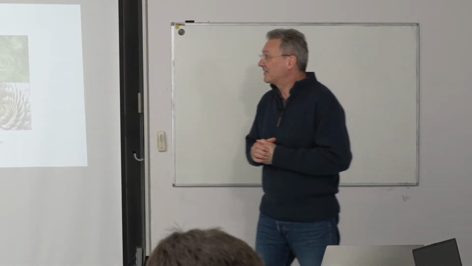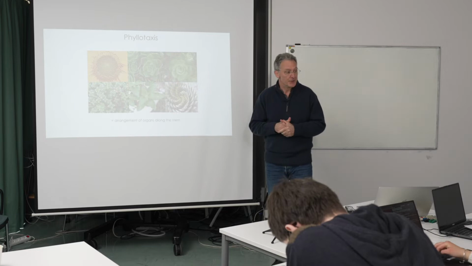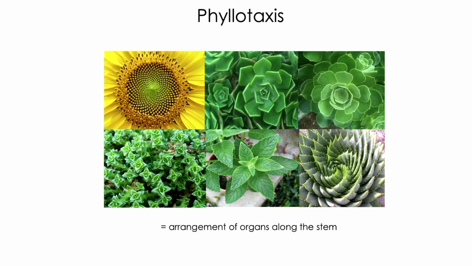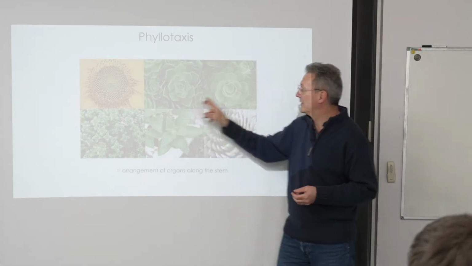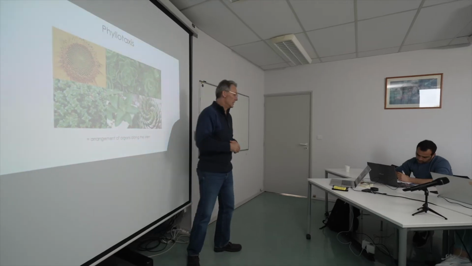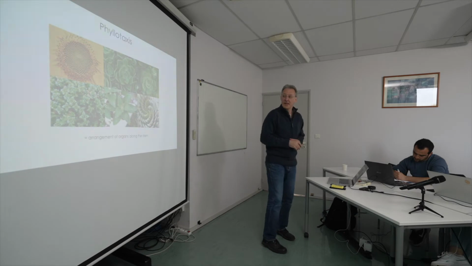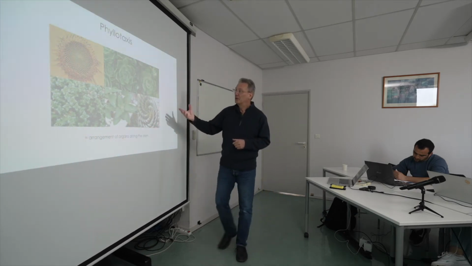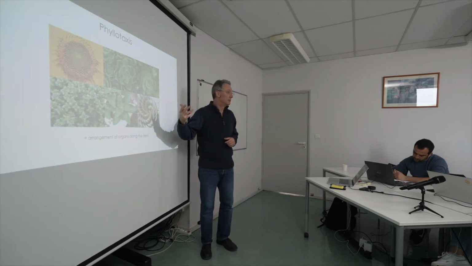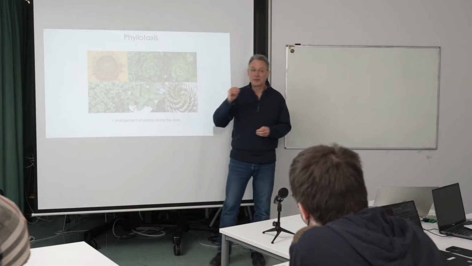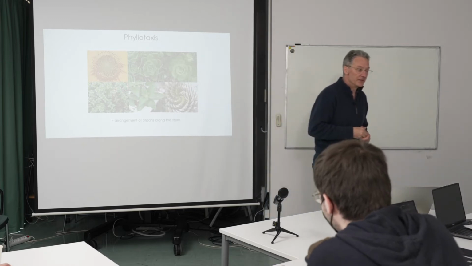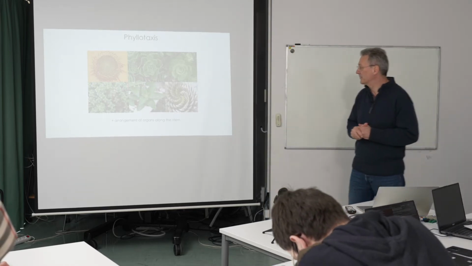So the phyllotaxis is the arrangement of leaves or of organs around the stems. And you see on the mature stem that this can be organized in a very particular manner that evokes sometimes a crystal, a vegetal crystal. For instance, here you see that this is an extremely repetitive and well-organized structure.